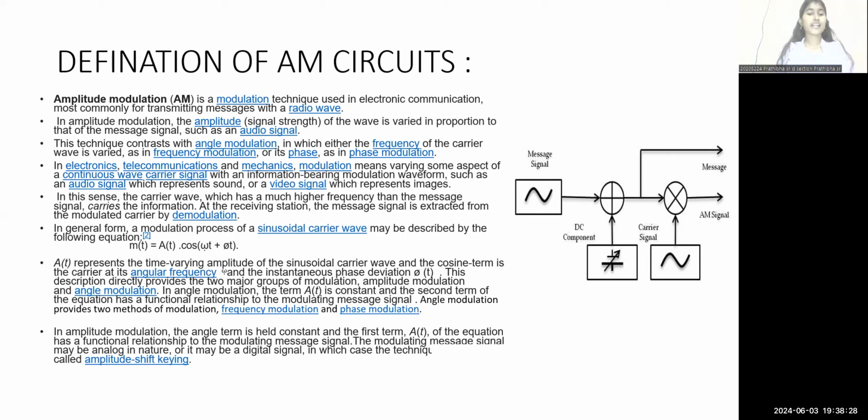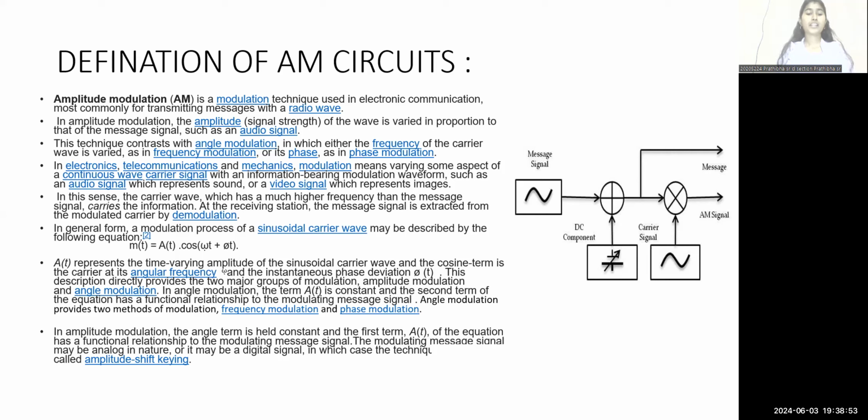This description directly provides the two major groups of modulation, amplitude modulation and angle modulation. In angle modulation, the term A(t) is constant and the second term of the equation has a functional relationship to the modulating message signal. Angle modulation provides two methods of modulation, namely frequency modulation and phase modulation.